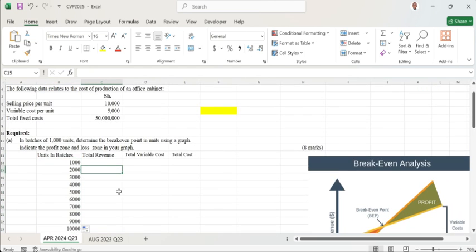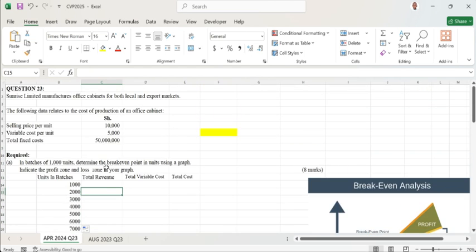Now, I want to ask somebody, I don't know whether it's Geraldine or somebody. How do we get the total revenue for the 1,000 badges in units? Using the selling price, multiplied by the number of badges.